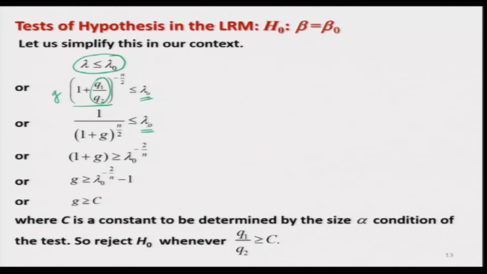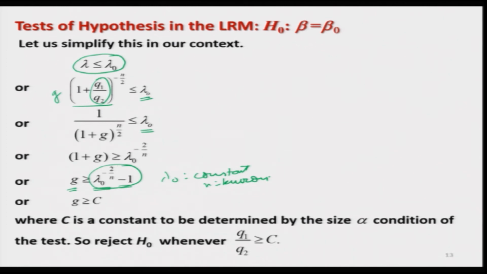less than or equal to lambda naught, and if you simplify it, it comes out that g is greater than or equal to lambda naught raised to the power of minus 2 by n, minus 1. You can see that lambda naught is a constant and n is also known to us. So, do you not think that this entire quantity is also a constant?